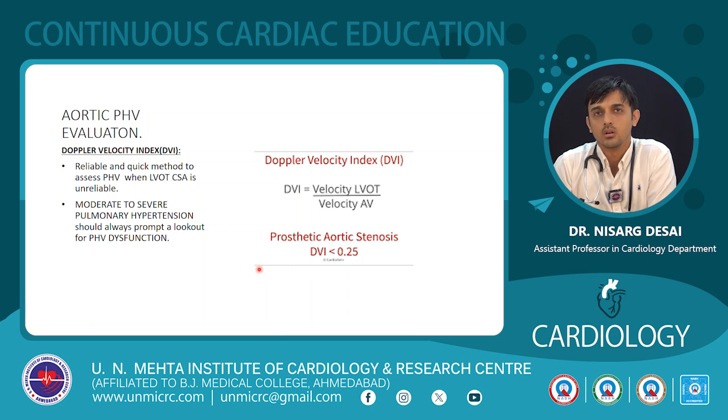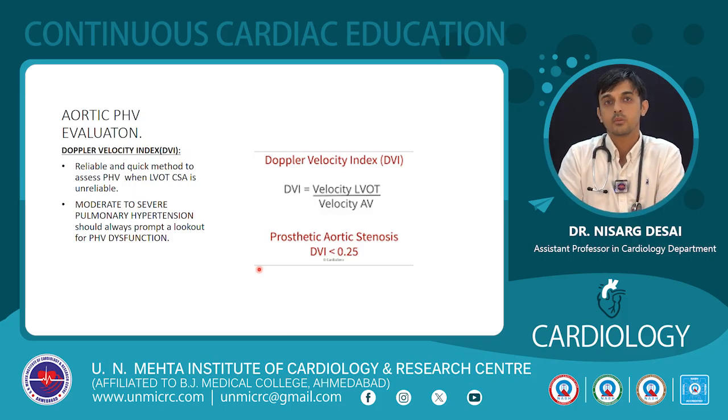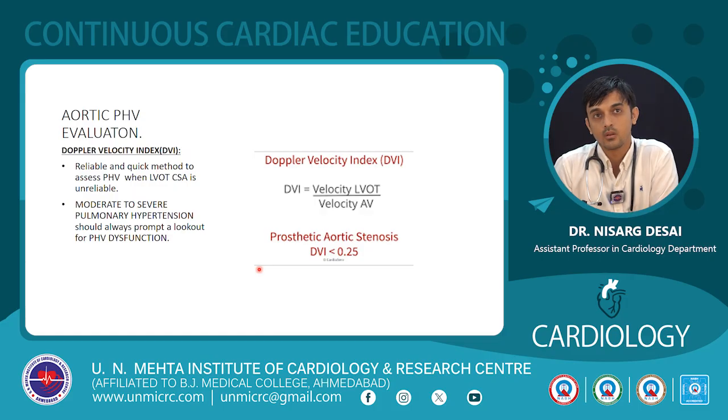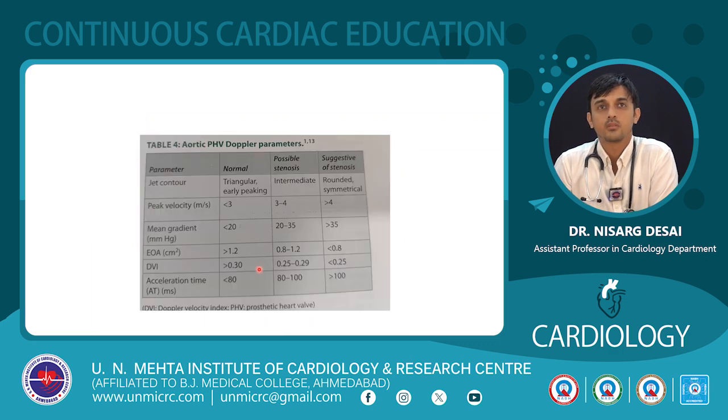So you can easily see whether the DVI is less than 0.25, then we are almost sure that the patient has got prosthetic heart valve stenosis. Other supportive findings should always be looked for, that is moderate to severe PAH. If it is not there and the rest of the parameters are falling into the category of PHVT, then the diagnosis should be confirmed once again.